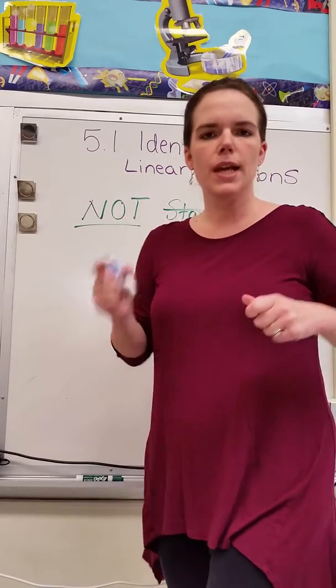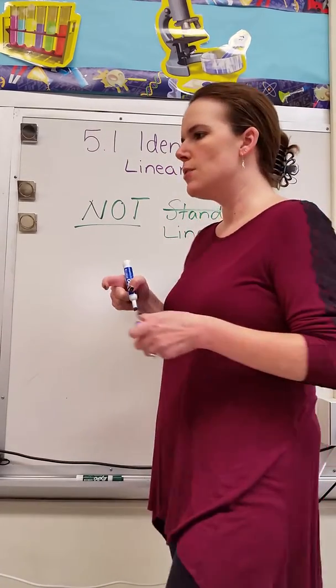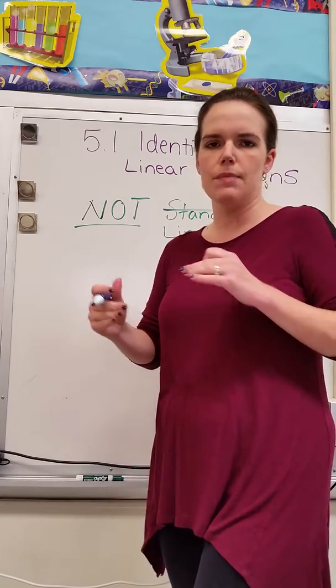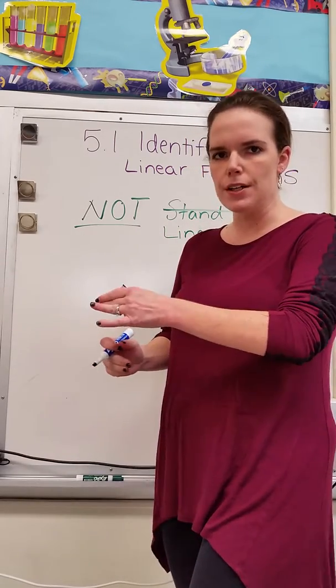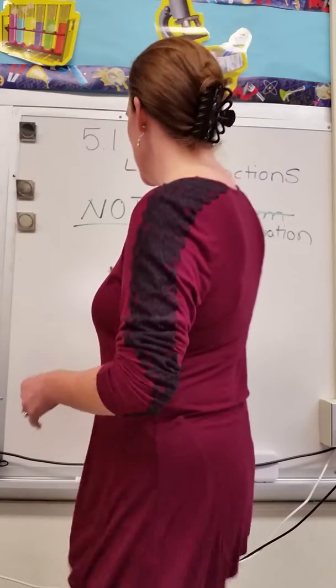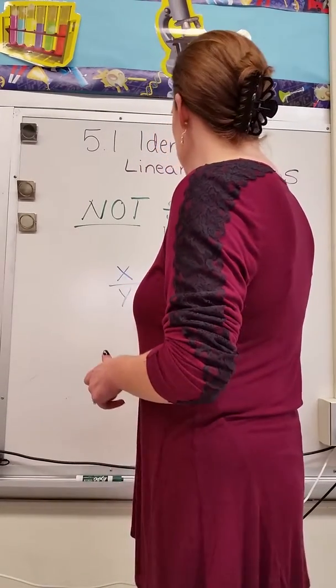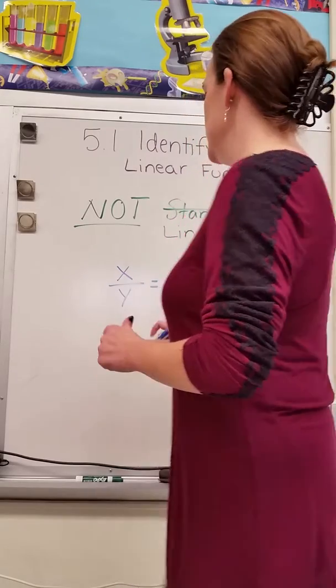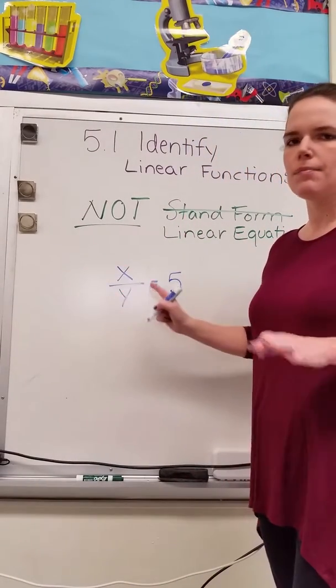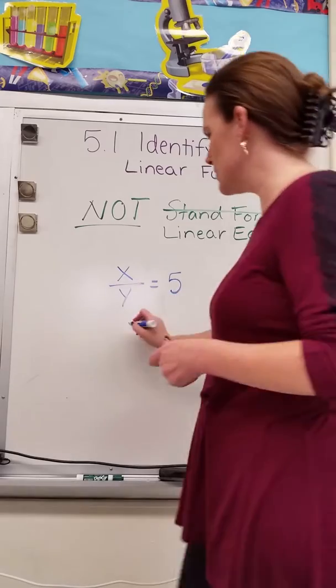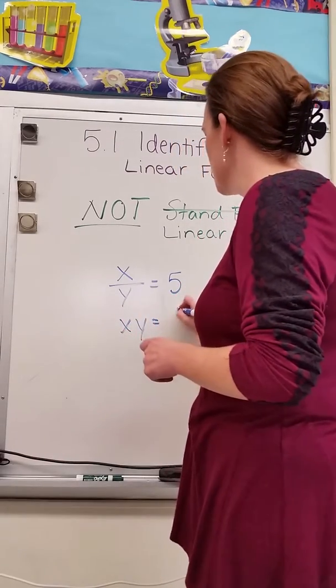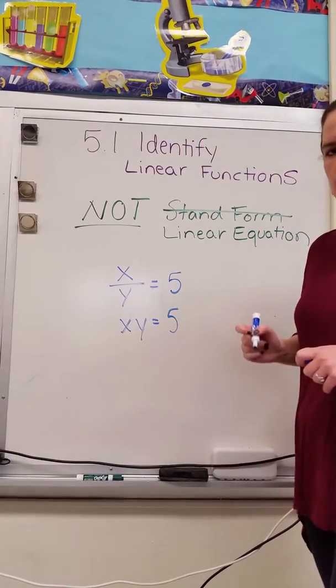The other thing you can't have in linear equations is the x and y being multiplied or divided by each other. So if you had something like x divided by y equals 5, the x and y can't be multiplied or divided by each other. So these are both not linear equations.